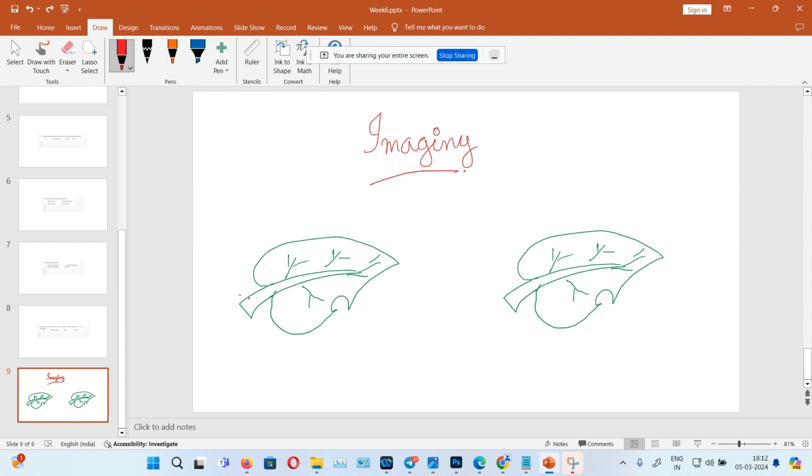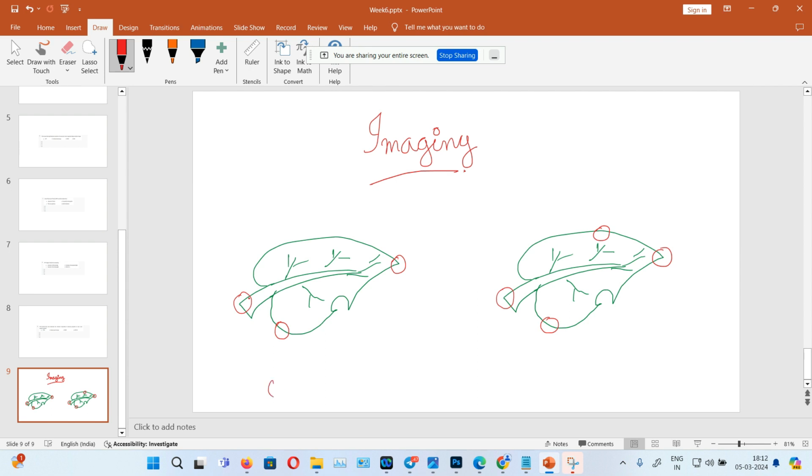If I look at this portion of the object, there will be a similar portion in the image. There is a portion in this object, and another portion here. So for all spatial definition, there will be a similar point in the image also, and only then is it making a proper imaging.